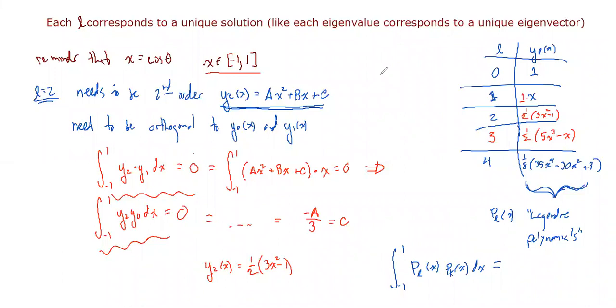In this case, L and K are just integers. If they're all mutually orthogonal, then it should be 0. Yep, when L and K are not equal.